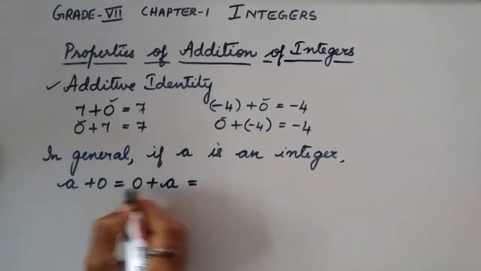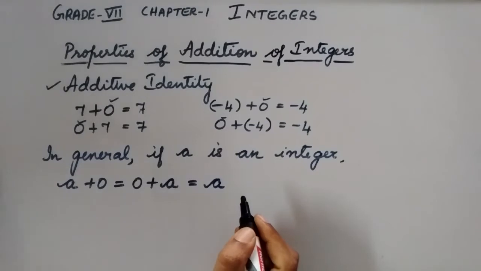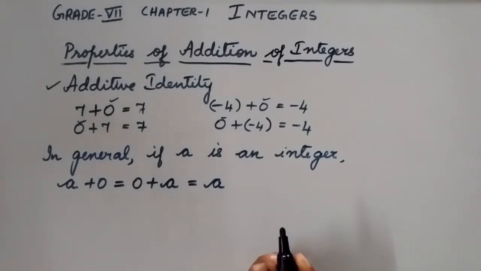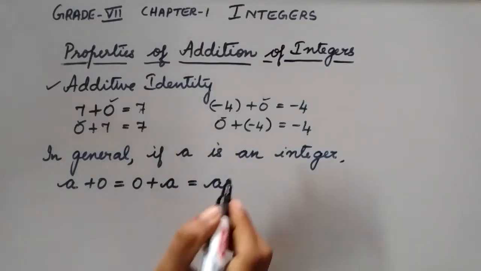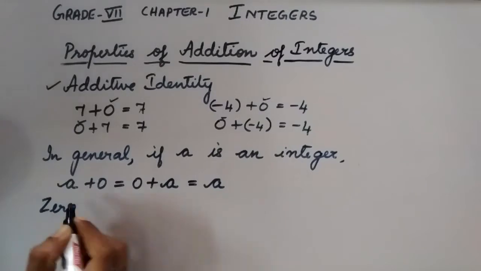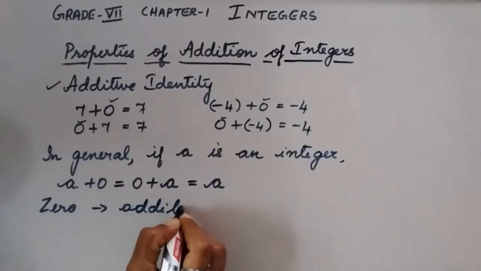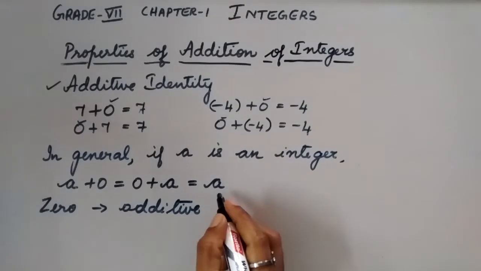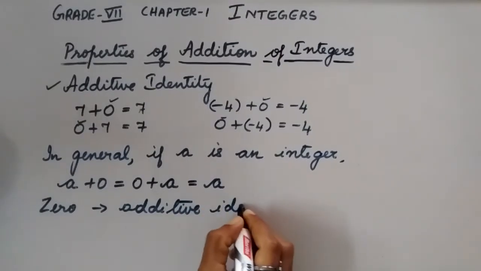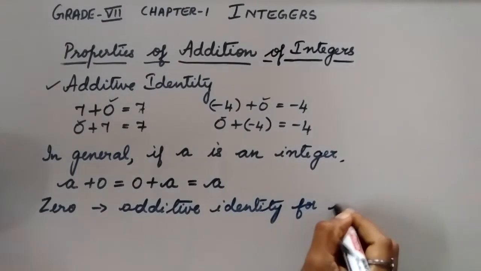The value is a itself. Isn't it, students? Yes. So here 0 is called the additive identity for integers. 0 is called the additive identity for integers.